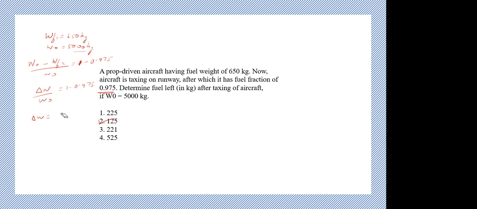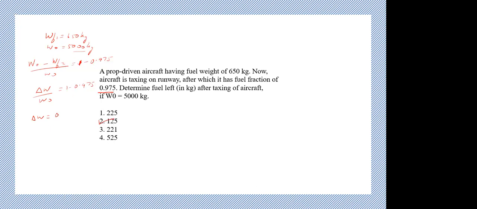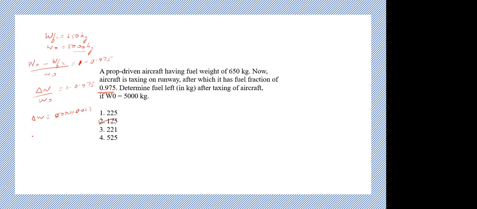W is 5,000 into 0.025. Right? Yes, ma'am. So how much is this value? Can someone just calculate and tell me?